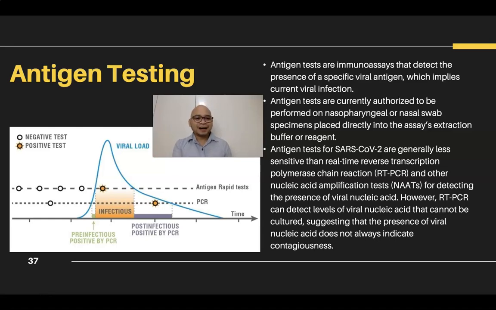However, RT-PCR can detect levels of viral nucleic acid that cannot be cultured, suggesting that the presence of viral nucleic acid does not always indicate contagiousness.